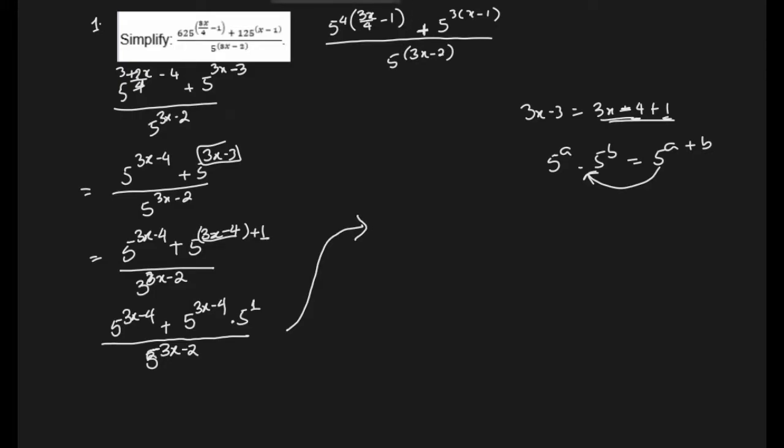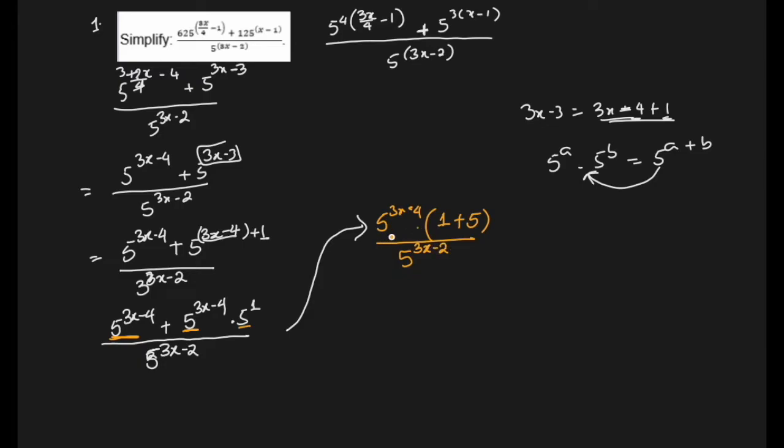I'll take 5 to the power 3x minus 4, which is in both now, as common. So nothing is left here, it is taken common, so only 1 can be written in place of this, plus. This is taken common, so we are left with 5. 5 to the power 1 is just 5. Divided by 5 to the power 3x minus 2.